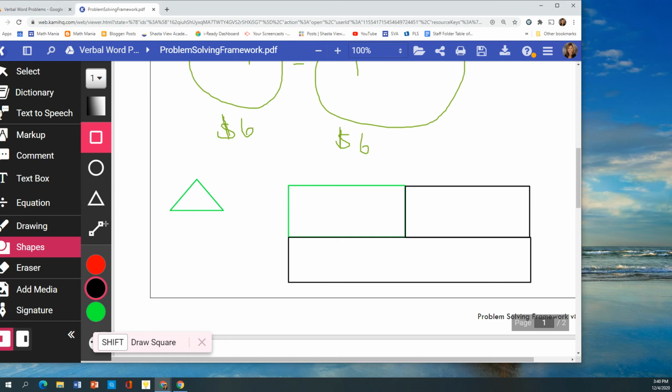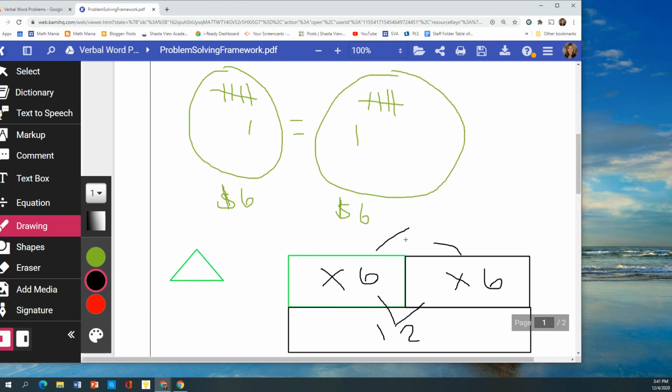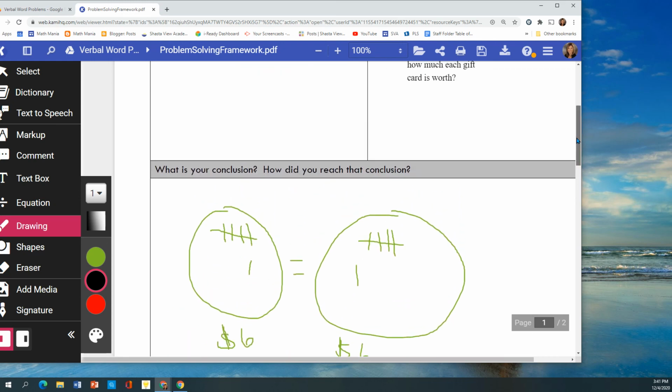So we can see that these are our 2 unknowns, and we know those represent the gift cards. That's a gift card, and that's a gift card, and they equal $12. So we need to cut this 12 and split it up into 2 pieces. And we know that would be 6 and 6. So that's another way you can show how to solve this problem with pictures. We're going to make sure that we're solving each problem with pictures and words.